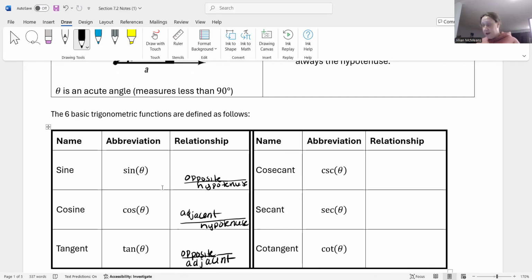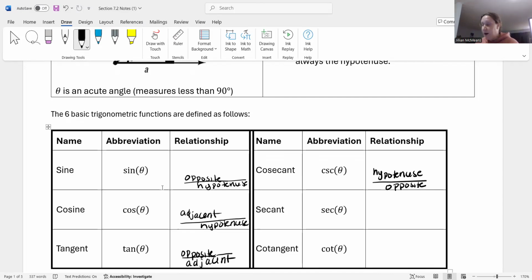Now we have cosecant. Cosecant is abbreviated csc, again, argument theta. So when we find cosecant of this angle, what is the resulting relationship or ratio of sides? Well, the ratio we're interested in here is hypotenuse over opposite. All right. When we go to secant, we abbreviate it sec, and then in parentheses, the argument theta.